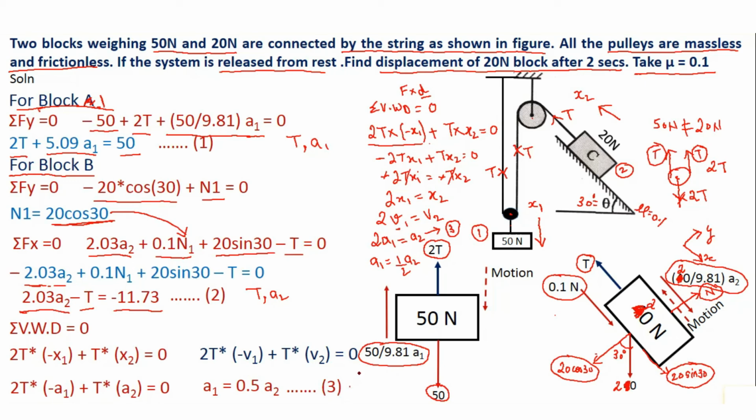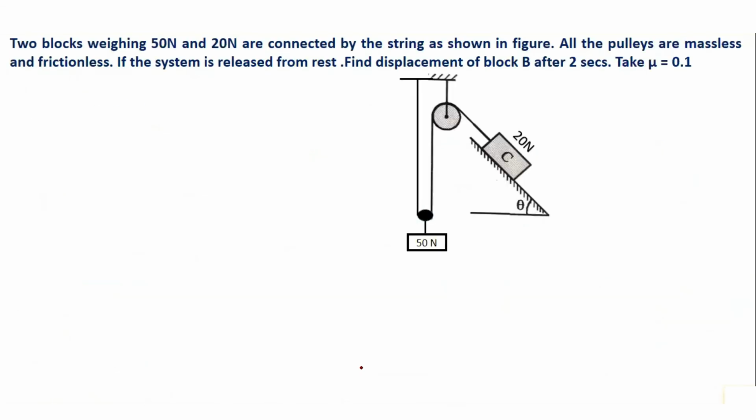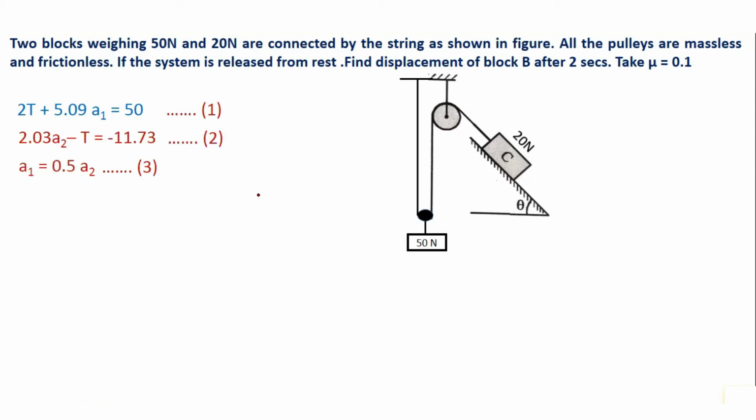Now let us proceed further. We have three equations with us, that are equation 1, equation 2 and equation 3. Now substituting equation 3 in equation 1, what I will get? I will get 2T plus 5.09 into 0.5 times a2 is equal to 50.